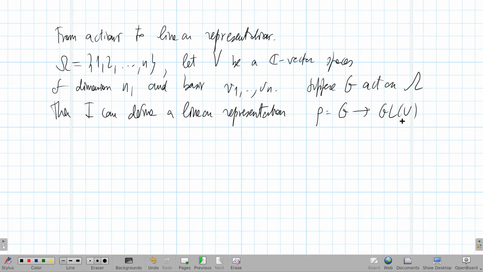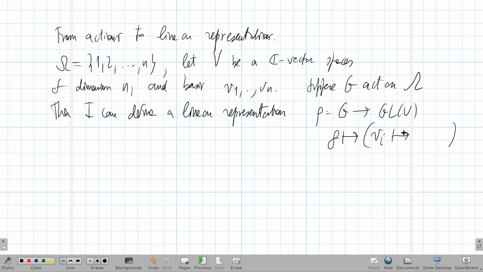Okay, so that's a linear representation. What's this linear representation? We know that to give a linear map, because elements of GL(V) are linear maps, I have just to declare it on a basis. And such a linear map will be invertible if and only if the image of a basis is a basis itself. So what I do, I take a permutation of the basis elements.